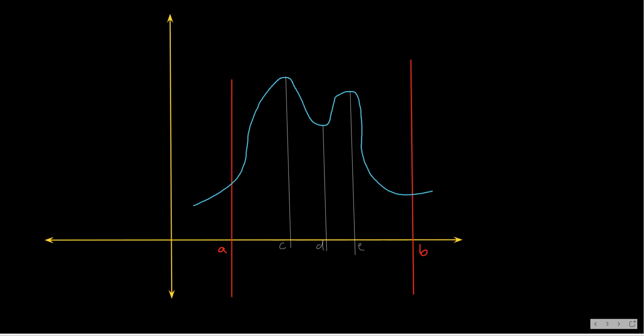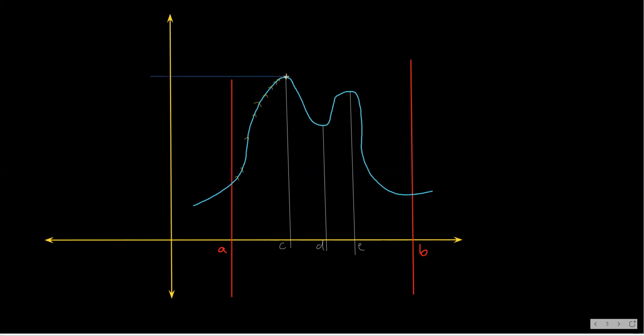I notice that the function after A was increasing, it was going up, and then at C, the function has its maximum value, and this is definitely f of C. Where would you project to get the value f of C?